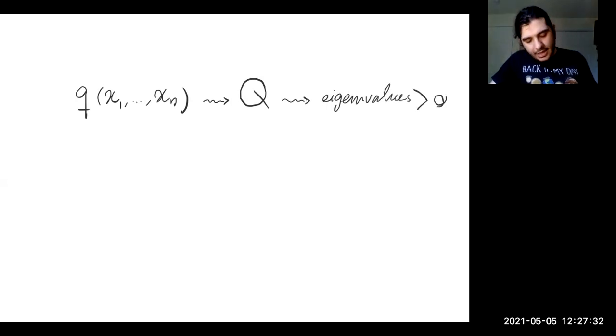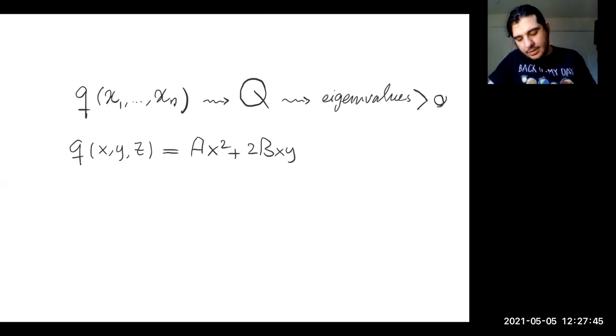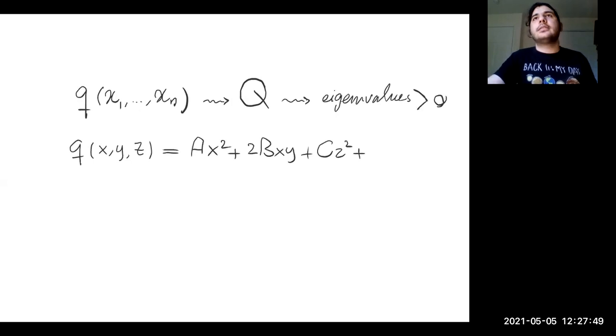So for example, if we had Q of x, y, z, let's go one step further. If it was equal to ax squared plus 2bxy plus cz squared plus, let's see, what is the next variable used here?